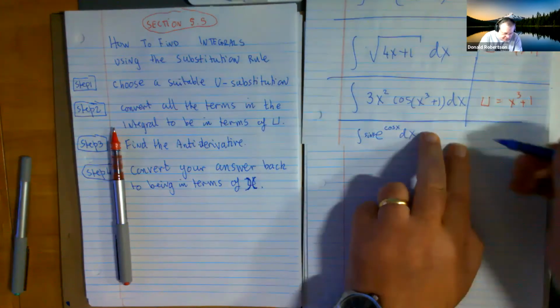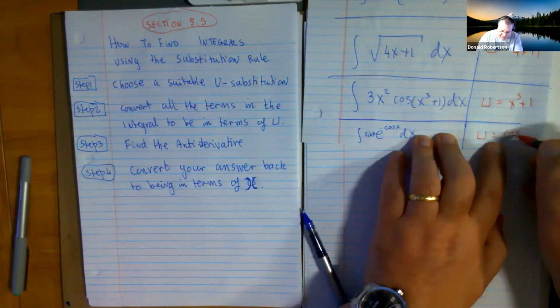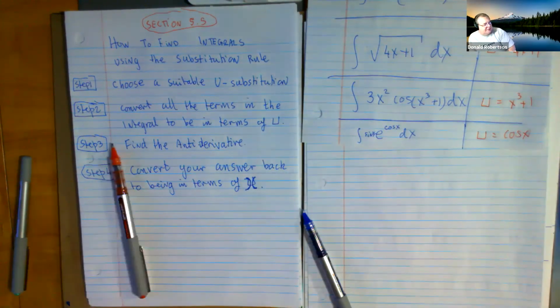Whenever you see e to the ugly guy, your u-sub will almost always be the ugly guy. Are you beginning to get a feel for who the u-sub should be in certain circumstances, rather than some other choice?